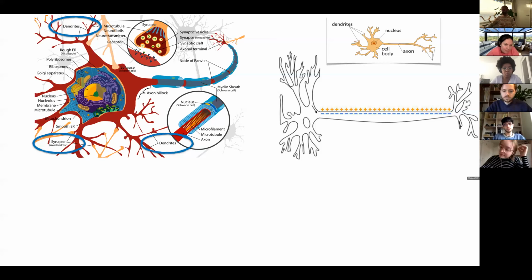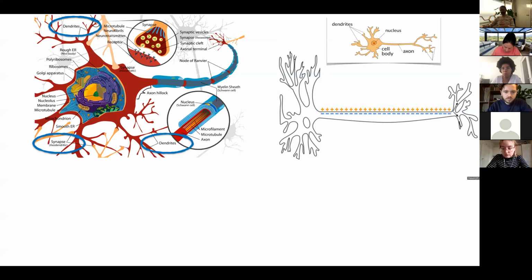As we go to the output, if you see on the right, this integration that happens in this dendritic tree will at some point lead to an action potential that then travels across the axon and projects this activation to the subsequent layers of neurons.